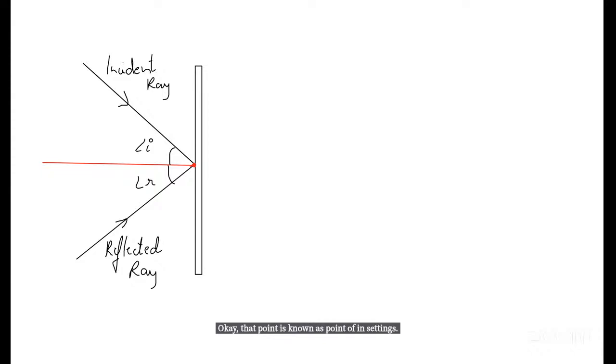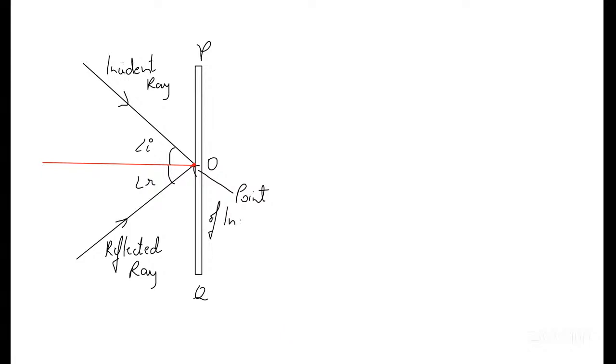If I name this mirror PQ, and this point I name O, then this point O will be my point of incidence. Okay, you can mark it. This is the point of incidence, and this is the plane.